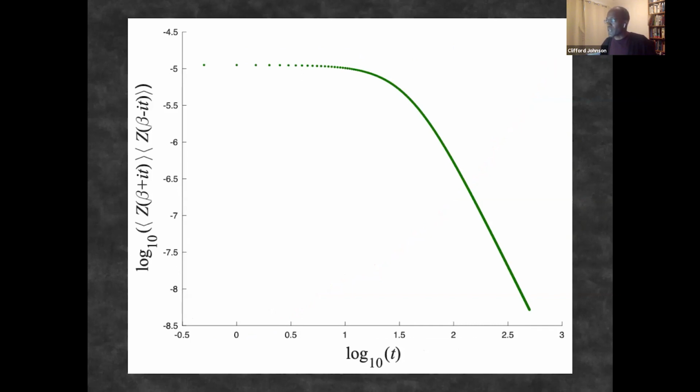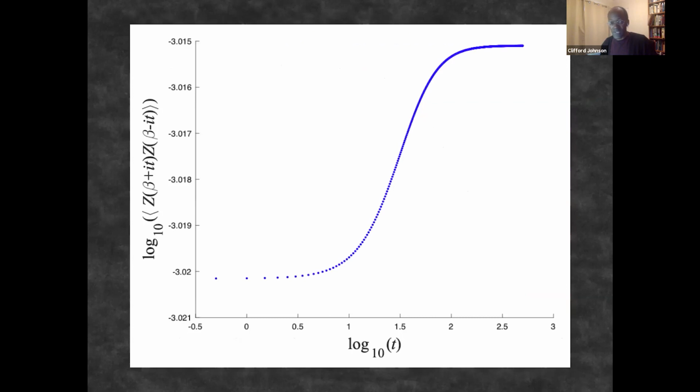Here's, for example, the disconnected part, which is essentially the partition function squared of the spectral form factor. And there's the connected part.